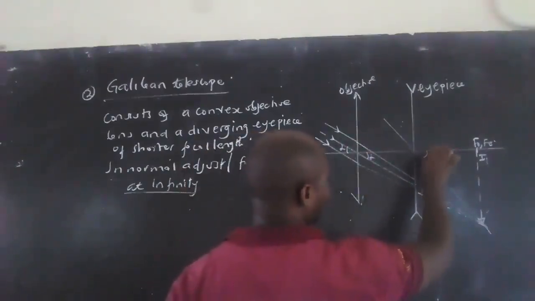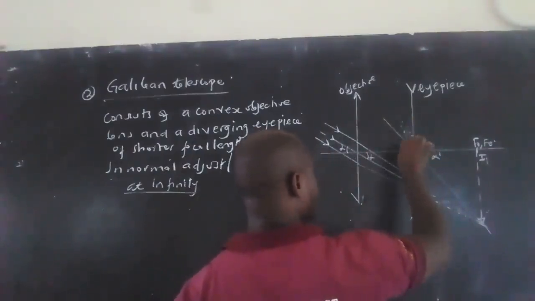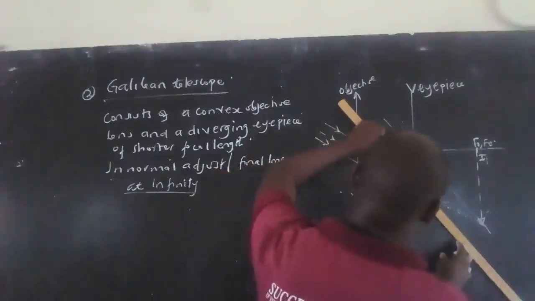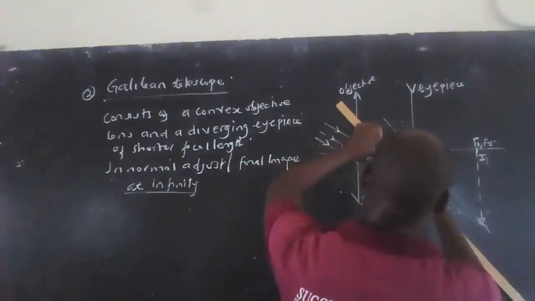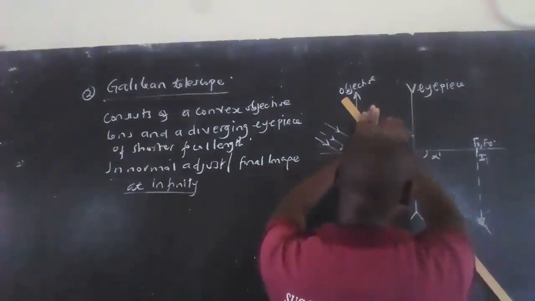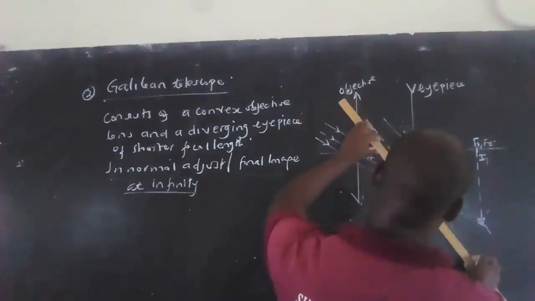Then alpha prime will be here, alpha prime. Now here, we are going to add the diverging lens.